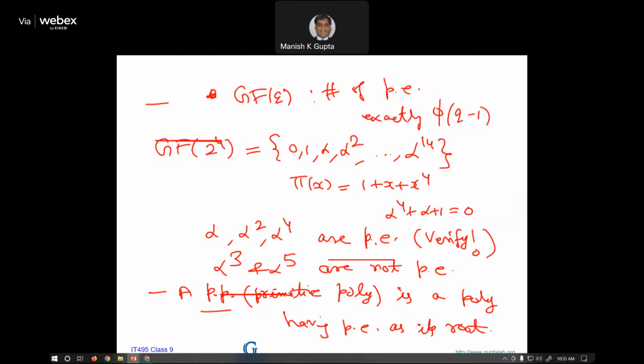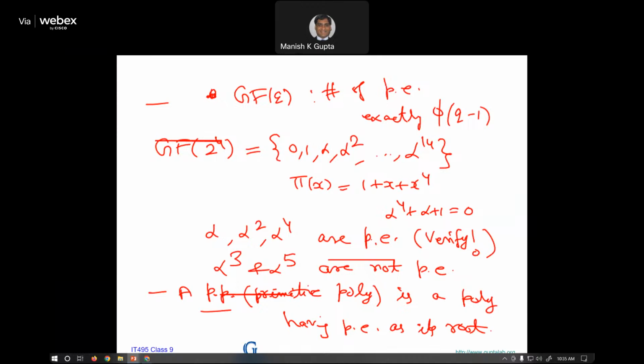The roots of a quadratic equation are either reals, which is okay, or if there is one complex root, the complex pair will also appear. If x plus iy is a root, x minus iy is also a root. A complex pair also occurs in the roots of a quadratic equation. Here, a similar thing happens. Actually, alpha square is kind of a conjugate of alpha. Alpha and alpha to the 4 are also conjugates. A similar kind of relationship exists here also. Things are much more beautiful, I would say, in terms of mathematics. It's all connected, right?